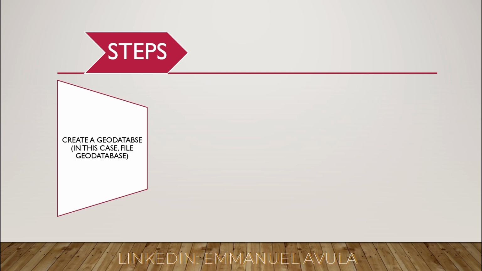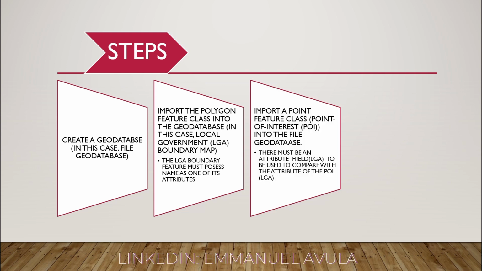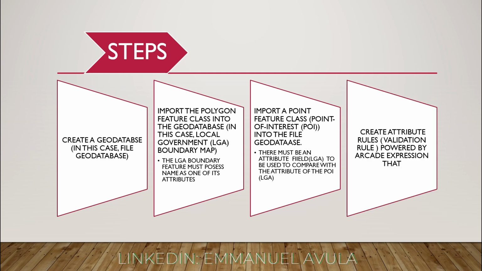First of all, if you don't have a geodatabase already, you create one, and then you import the local government boundary map, which is a polygon, and then you import the points of interest into the geodatabase, and both will expectedly have a common field. So the local government polygon will have the local government name, and then the point of interest will also have the local government in which each of those points of interest is located.